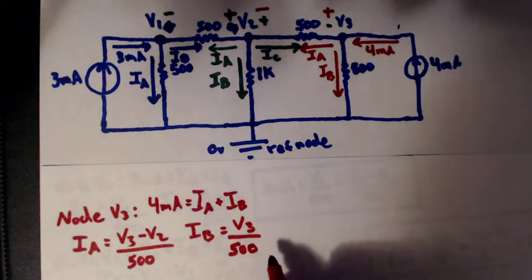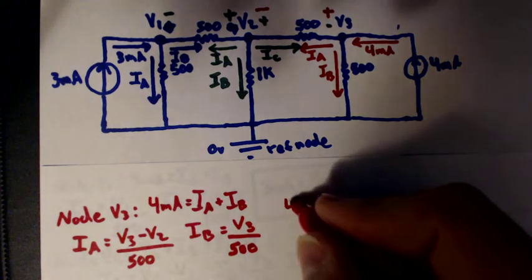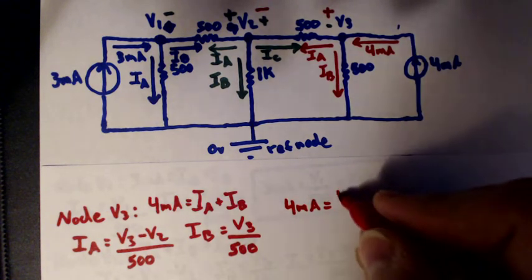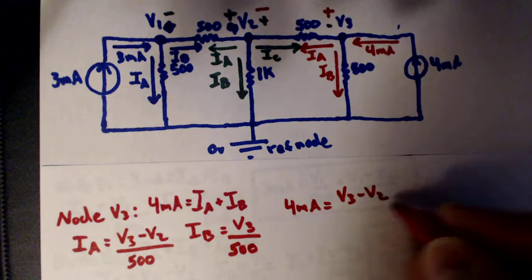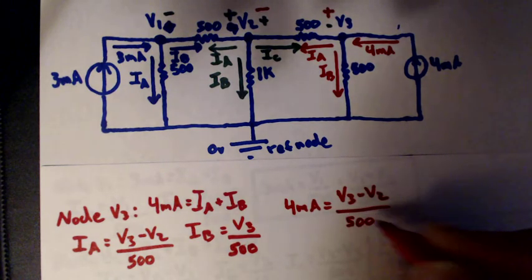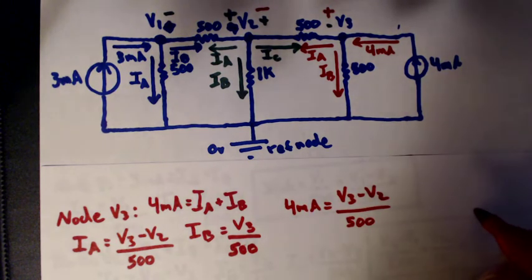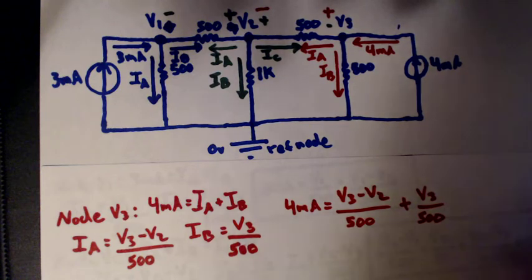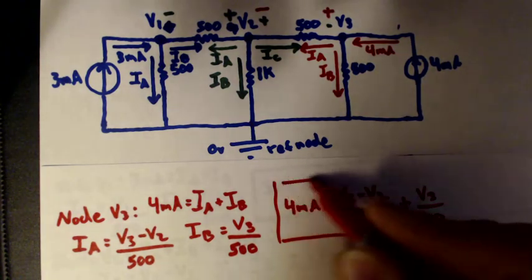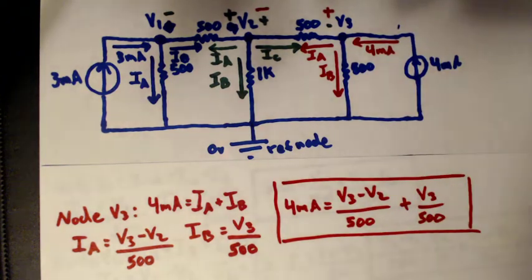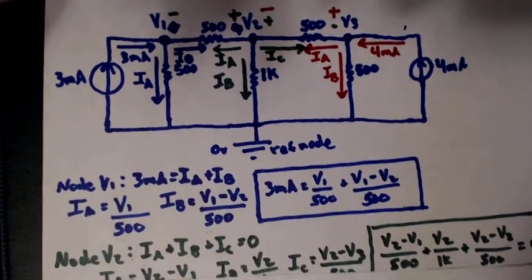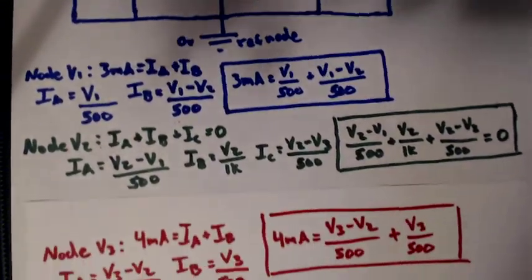So let's plug all of this back into our KCL expression, and we get 4 milliamps is equal to IA, which is V3 minus V2, divided by 500, plus IB, which is V3, divided by 500, and we got our third expression. Very cool.